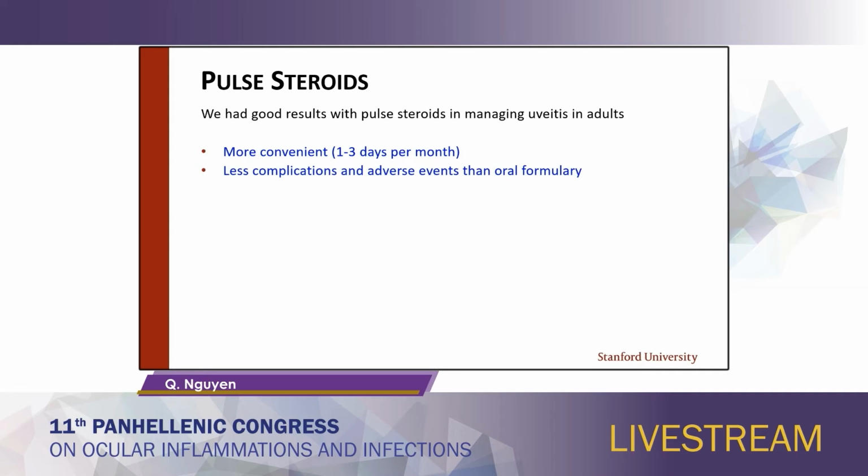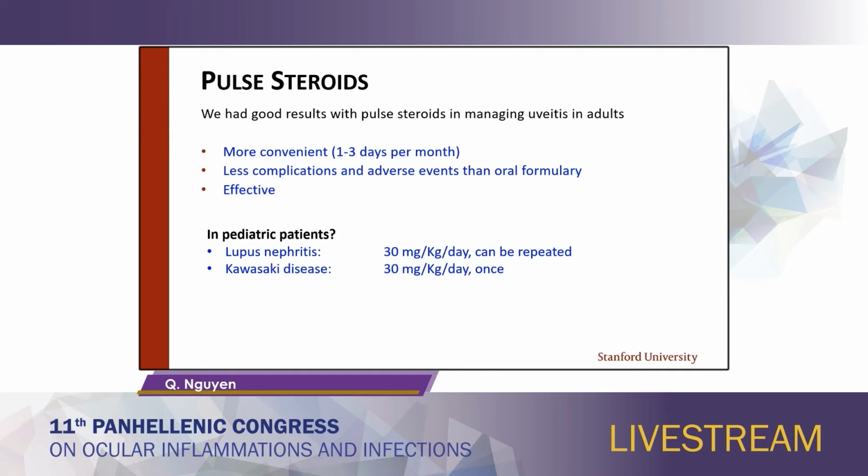Our experience indicated that there were fewer complications and adverse events than with oral corticosteroid, and that pulse steroid can be quite effective. What about in pediatric patients? Searching through the literature, we noticed that pulse intravenous corticosteroid has been used in lupus nephritis as well as in Kawasaki disease.